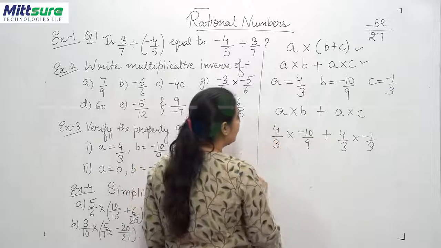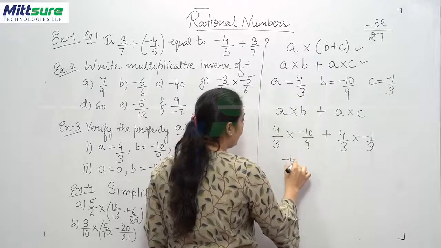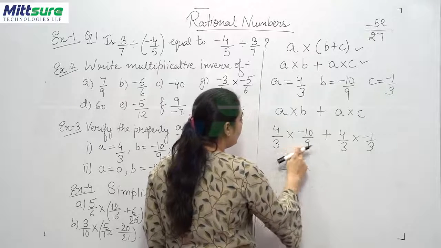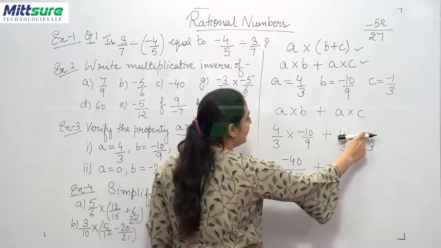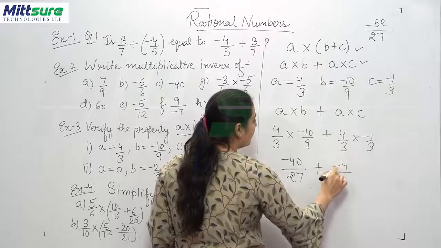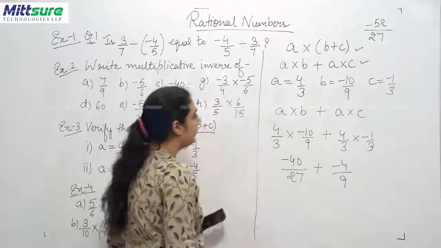So here 4 into minus 10 gives you minus 40 upon 3 into 9, 27, plus 4 into minus 1, minus 4, 3 into 3, 9. So you get this.